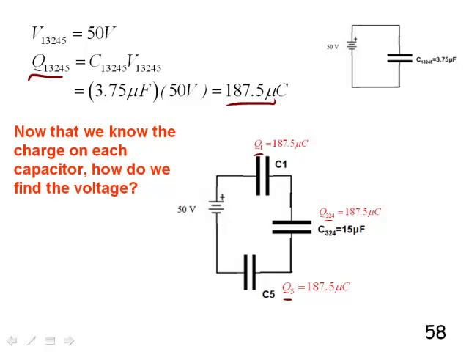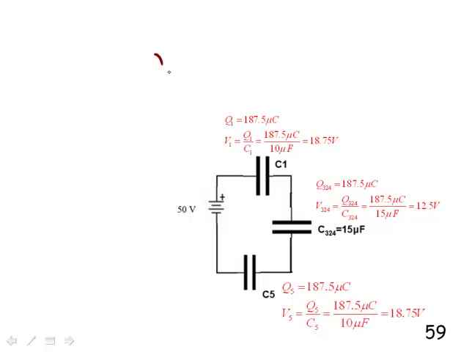Well, what we're going to do in our next step, we've got the charge on each capacitor, but we don't have the voltage. So we'll use the equation Q equals CV for each one of them, and so V1 is Q1 over C1, V324 is Q324 over C324, and V5 is Q5 over C5.